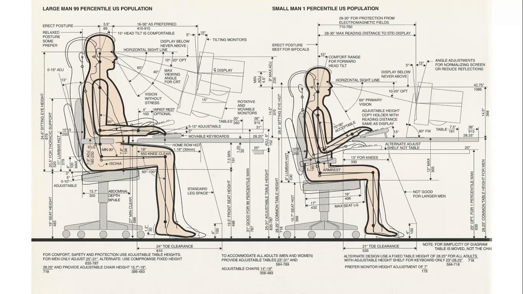From the horizontal sight line, 10 to 20 degrees lower is the optimum sight line. The maximum viewing angle for comfort is 40 degrees. If you go beyond 60 degrees, it becomes stressful.